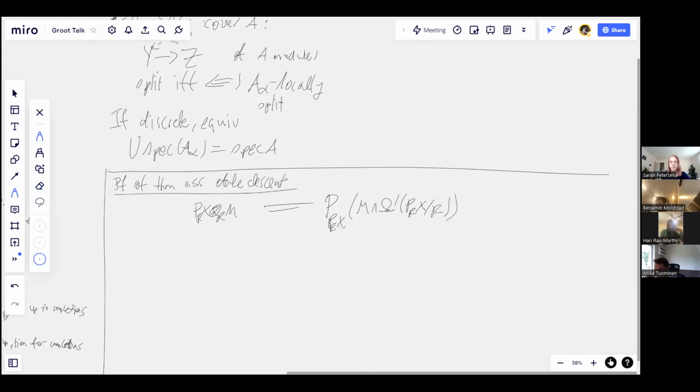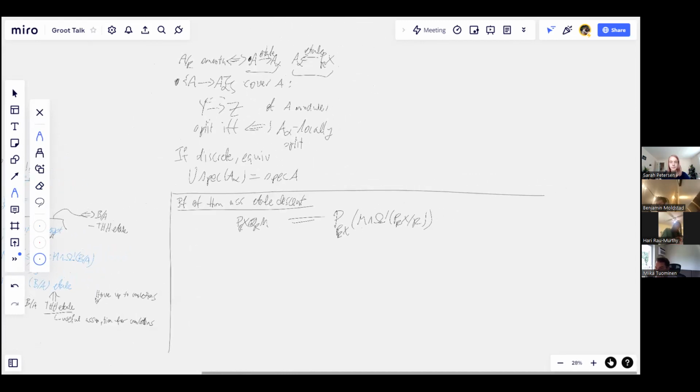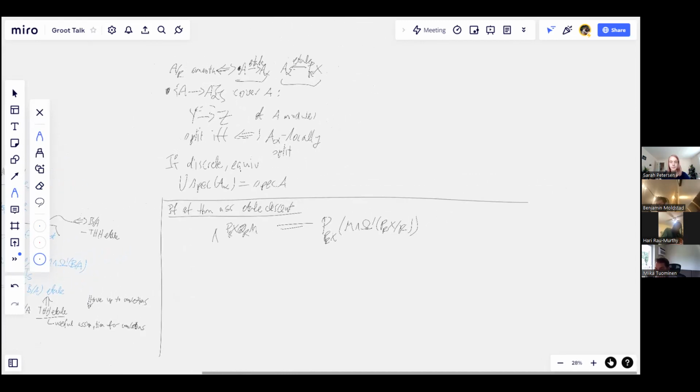Okay, so now I'm going to use my étale descent. So I'm going to smash both sides with A alpha. If I do that, I have my étale assumption here.